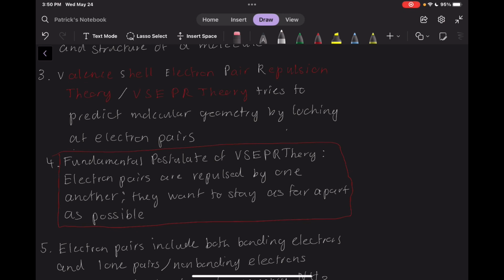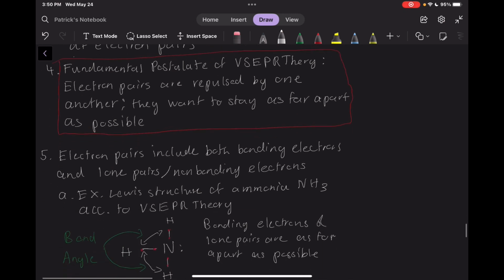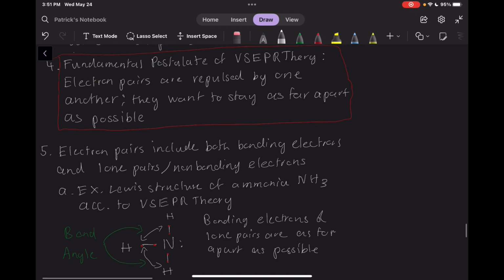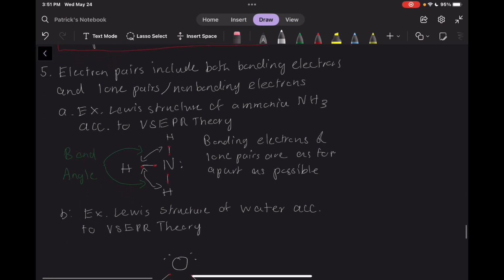For the purposes of VSEPR theory, electron pairs include both bonding electrons, or electrons involved in bonds, as well as lone pairs or non-bonding electrons. Whether they are involved in a bond or not, electron pairs don't want to be near each other. Down here, we have the most accurate Lewis structure of ammonia, which has the formula NH3, according to VSEPR theory.